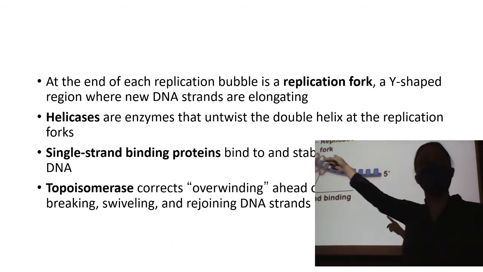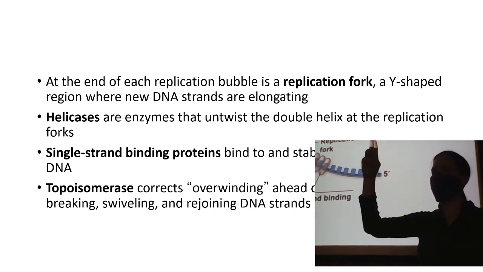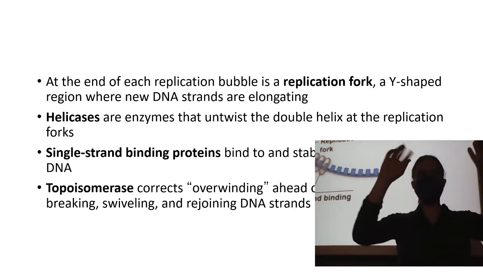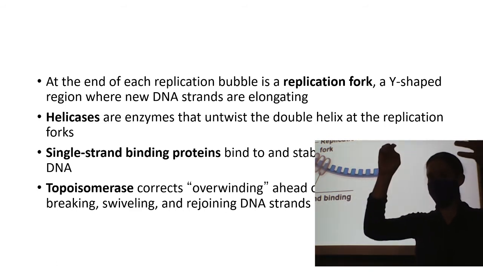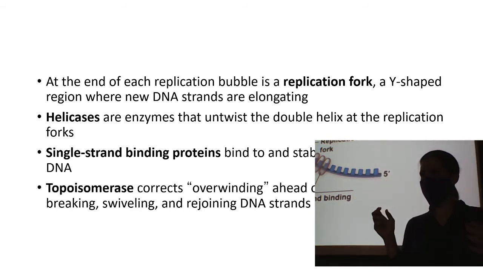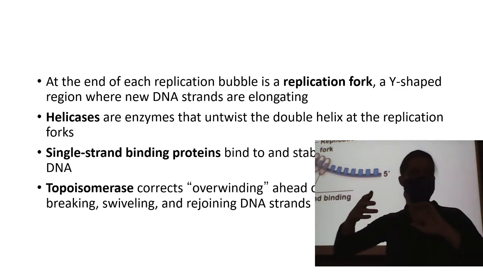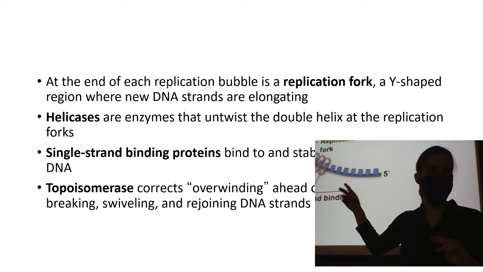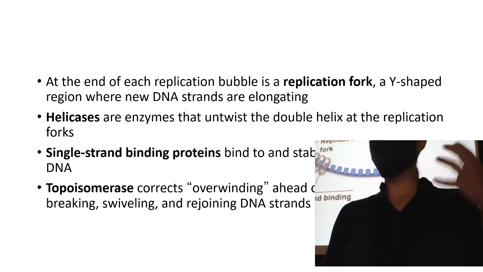So it goes ahead of the replication fork, and it basically breaks the double strand there, lets it undo its overwinding, and then puts it back together. Does that make sense? It's basically taking the pressure off the coil. Is everyone okay with this? So we have all these things going on just to get this ready to go.